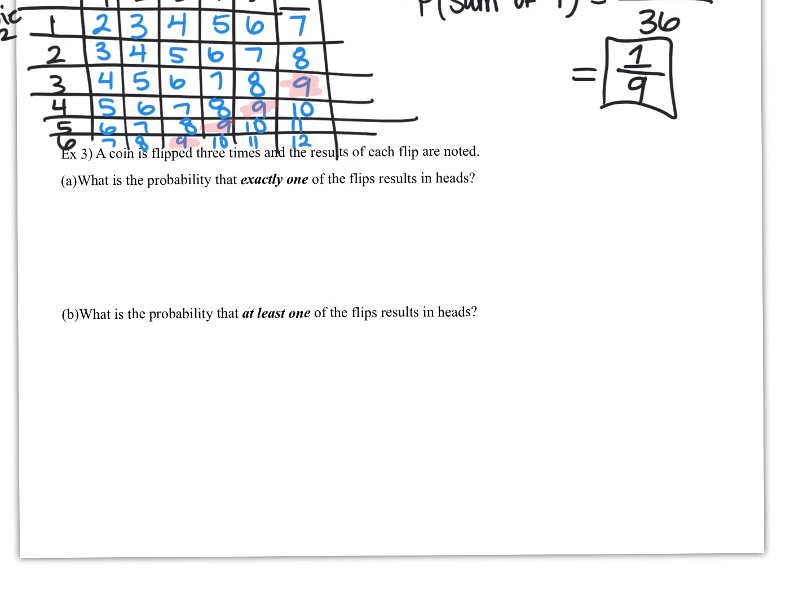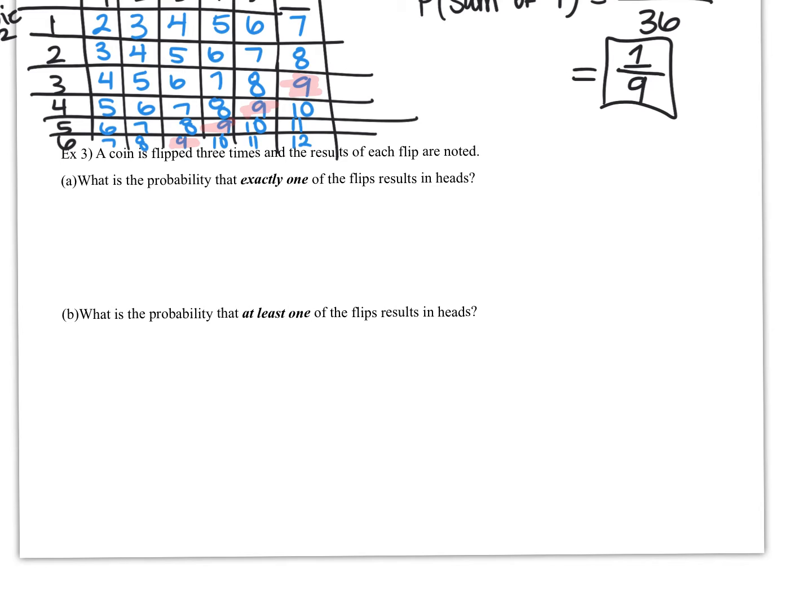Okay. So in example 3, we are flipping a coin 3 times, and the results of each flip are noted. We want to know the probability that exactly one of the flips results in heads.